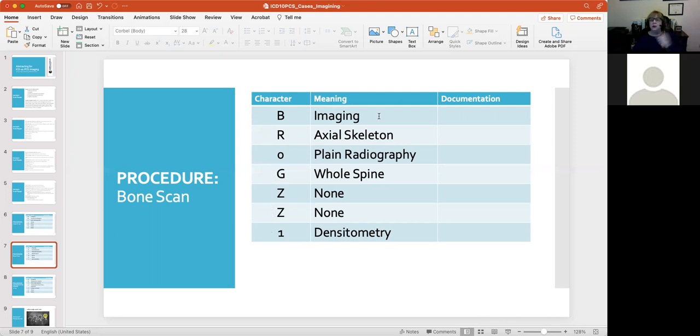What I would do is create a table with 7 rows in a Word document, and then just duplicate that and print it out. And then as you're reading, you can say, oh, look, imaging. Okay, this is going to be imaging. And then you have it to fill out one character at a time.